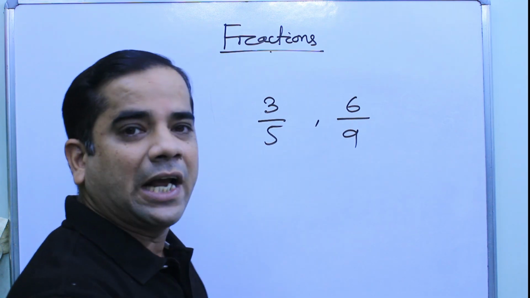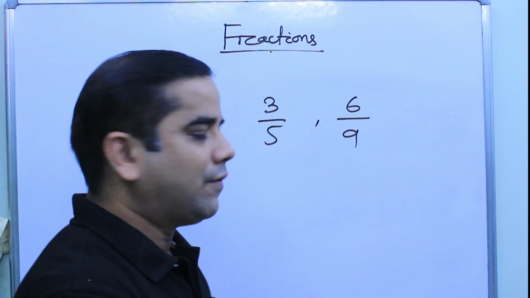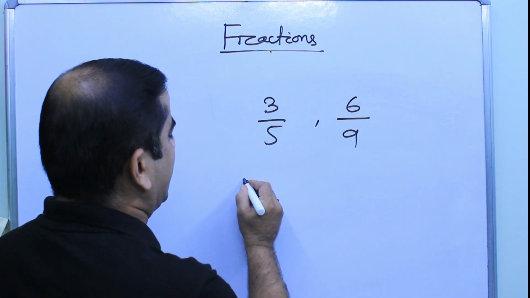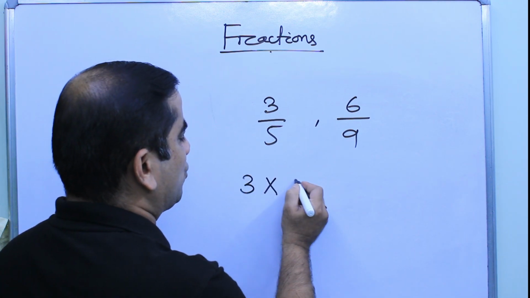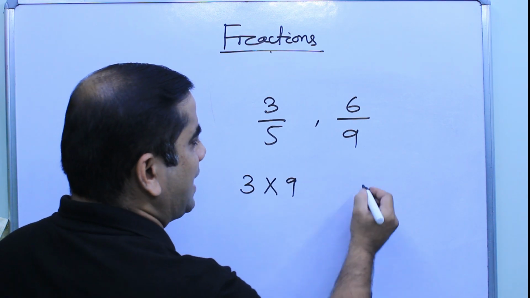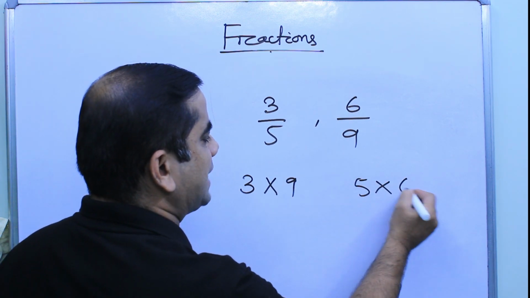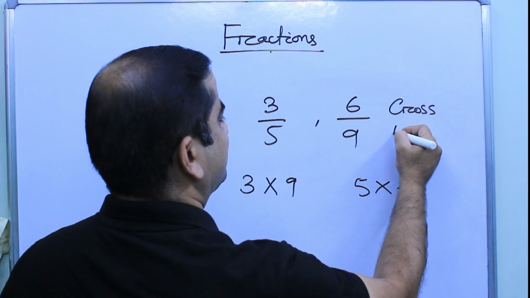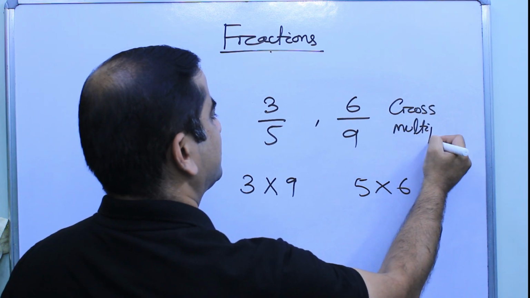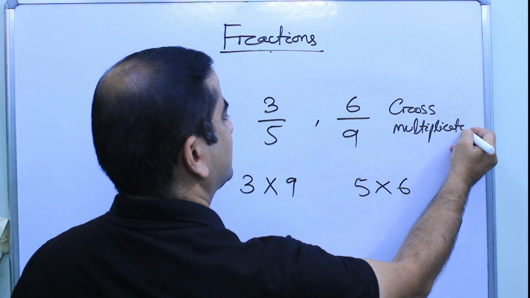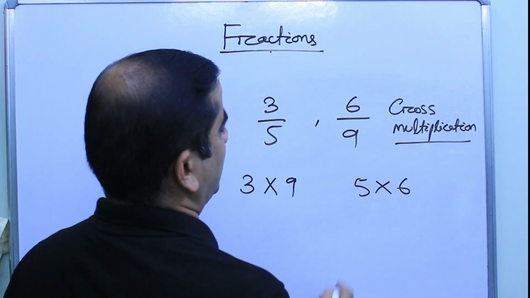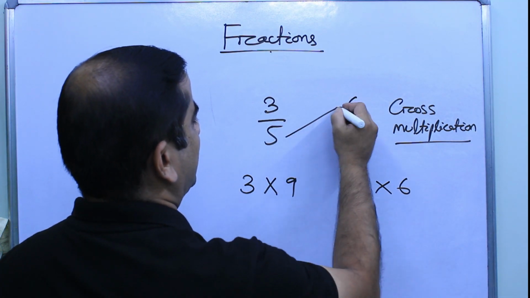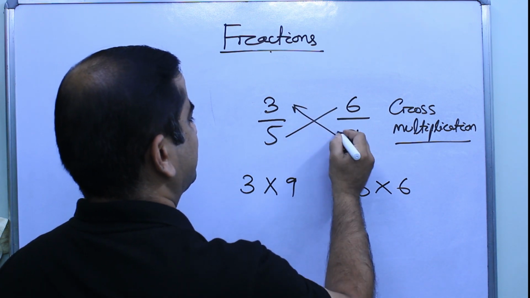We are just going to check whether they are equivalent or not. For that, what I need to do? I need to multiply 3 into 9 and 5 into 6. We call this cross multiplication. That means we are multiplying like this.